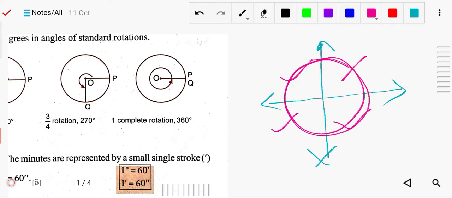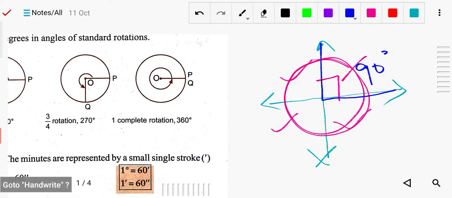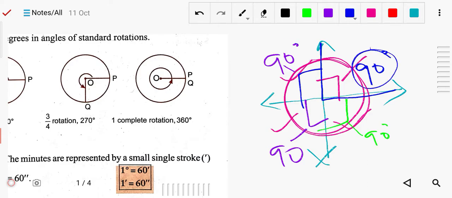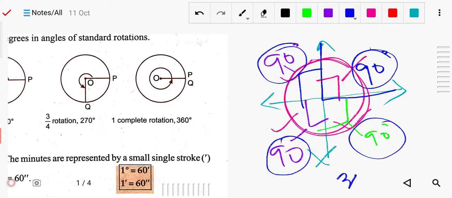The angle formed here is perpendicular, so it will be 90 degrees. Similarly this side also forms 90 degrees, and this side, and this side. Now you add 90 plus 90 plus 90 plus 90, and altogether you get 360.